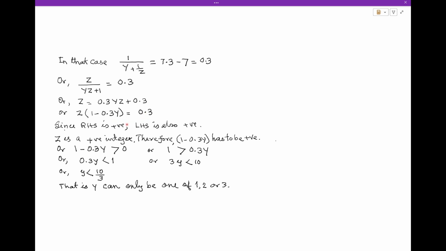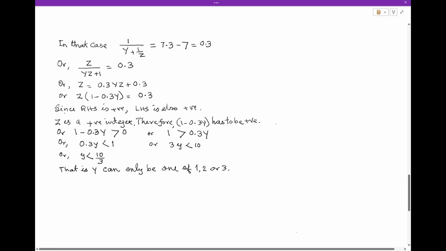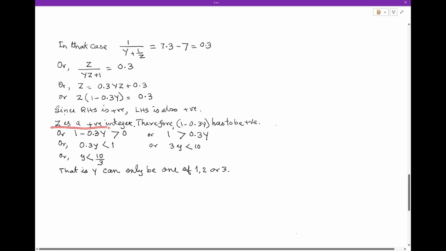Now the right hand side is positive. Therefore, the left hand side has also to be positive. Now g is a positive integer. Therefore, 1 minus 0.3y has to be positive.